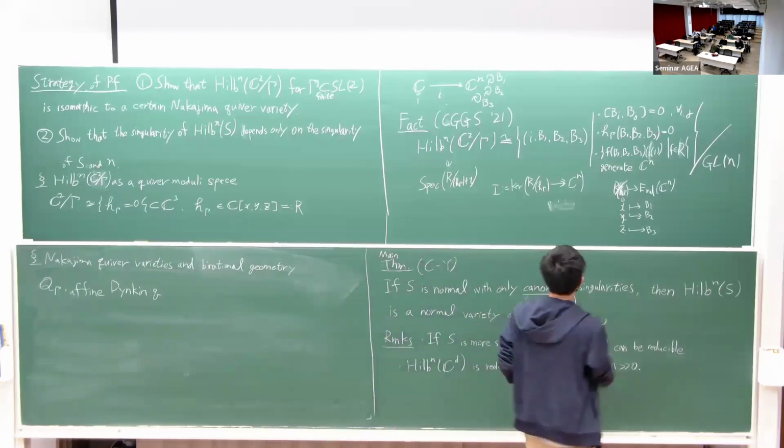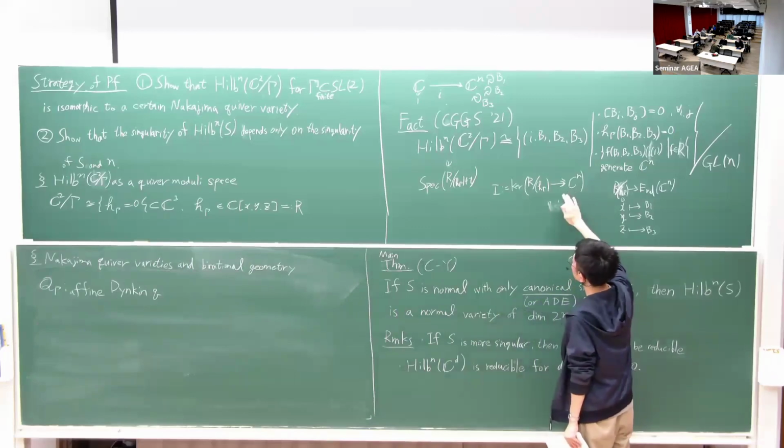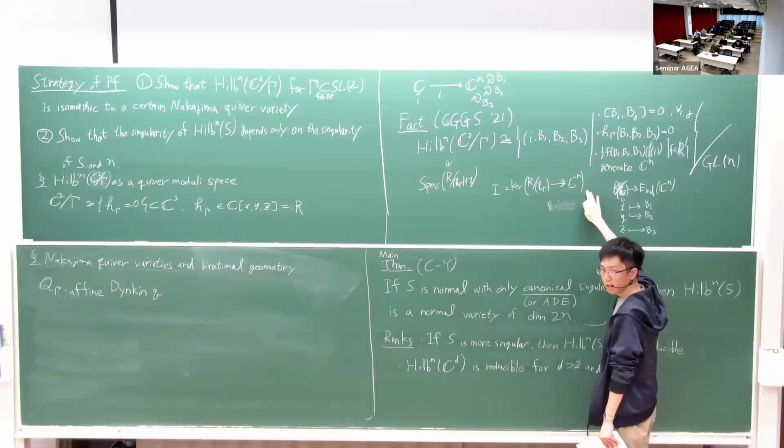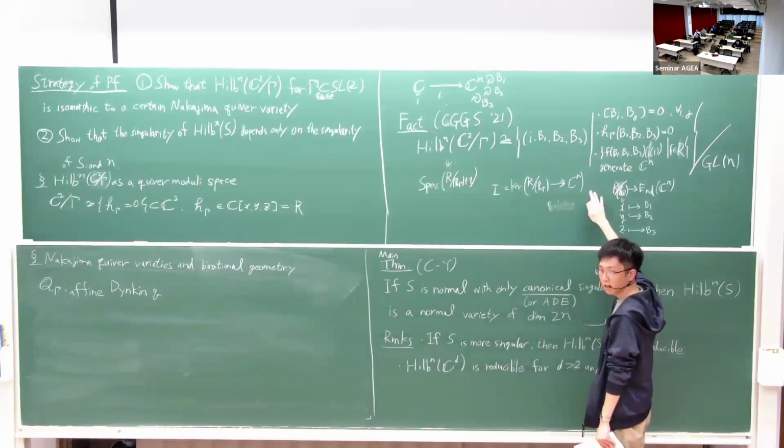This is C^n. So by definition of the Hilbert scheme, the quotient must be an n-dimensional C-vector space.